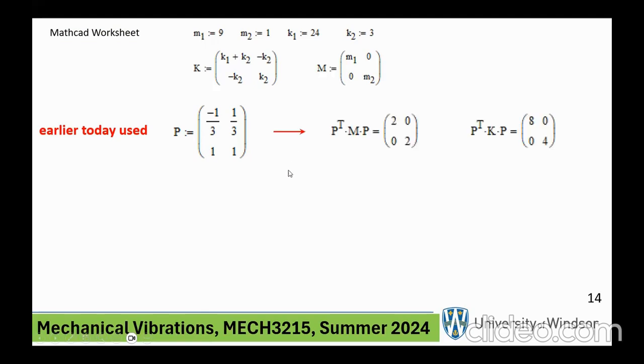Okay. And if I do P transpose MP, I better get a diagonal matrix, and I do. If I do P transpose KP, I better get a diagonal matrix, and I do. I used MathCAD here in order to work these out. If you want, just literally sit down and work it out. Now, remember, I arbitrarily chose the second component of both of these mode shapes to be +1. What if I use something else?